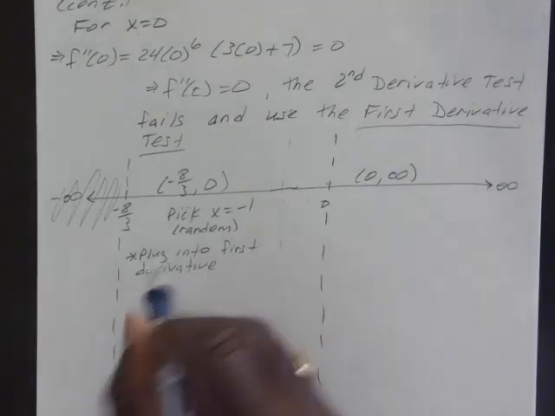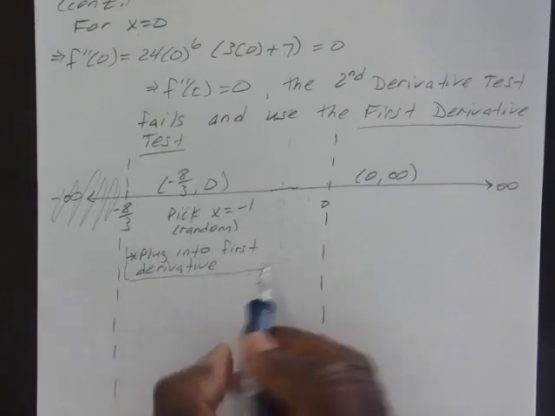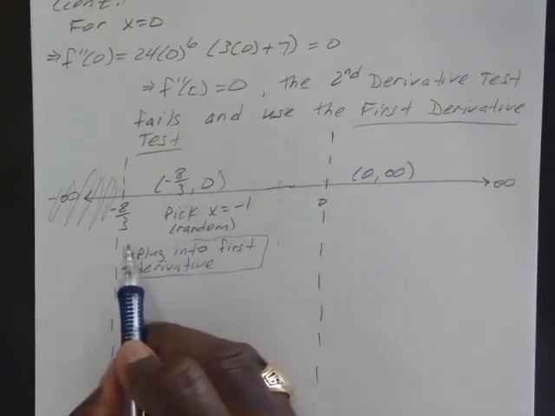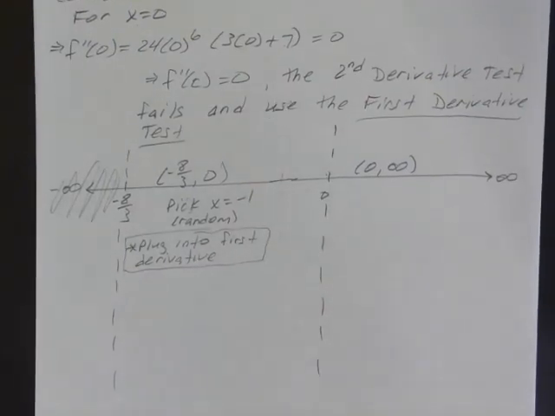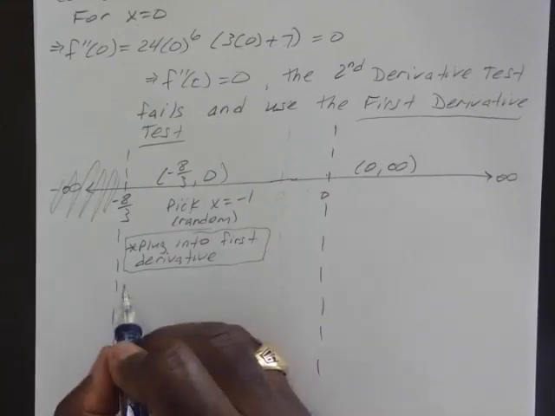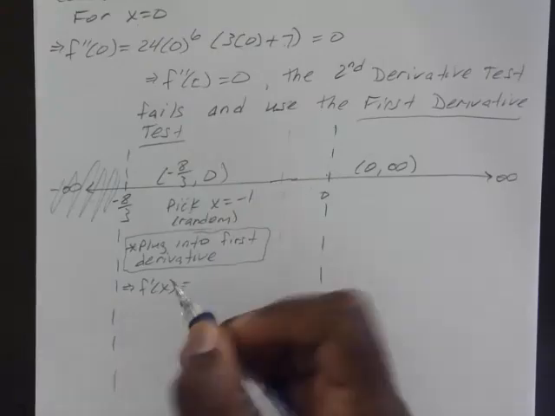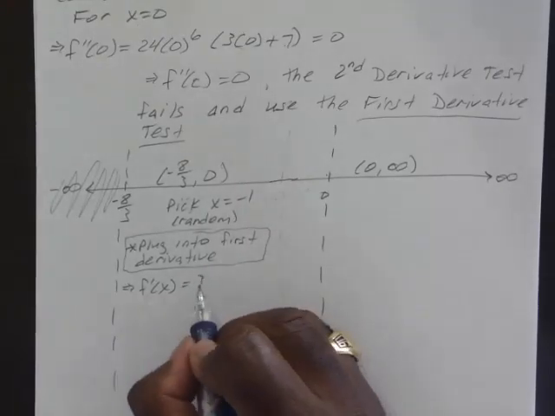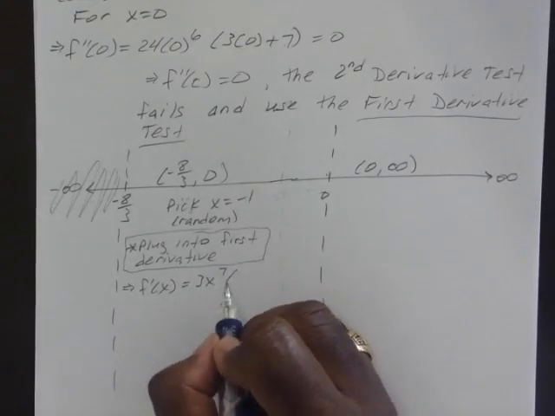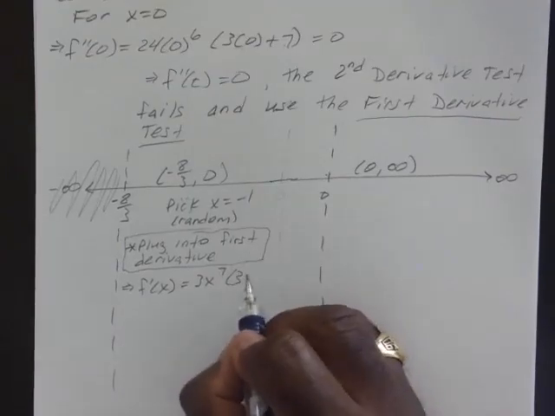You only plug it into the second derivative when you're doing the second derivative test. Okay, so we know that f prime of x is equal to 3x to the 7th power times 3x plus 8.